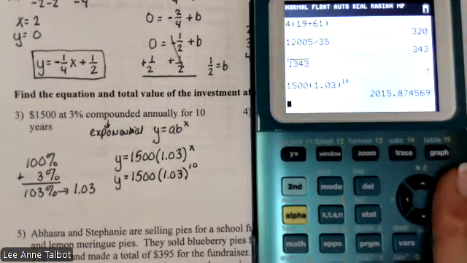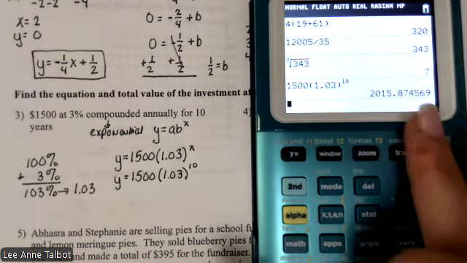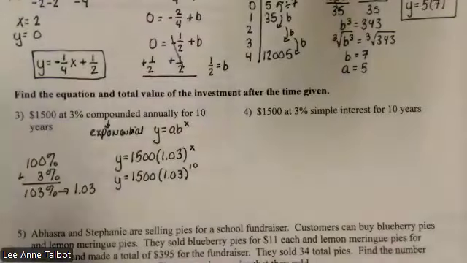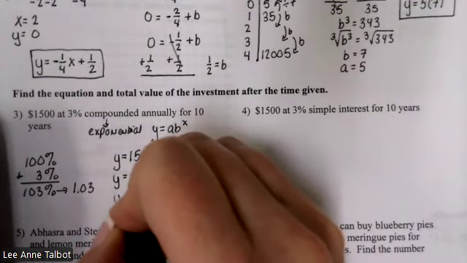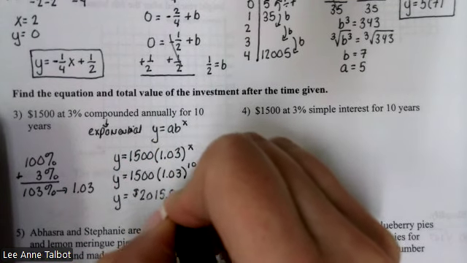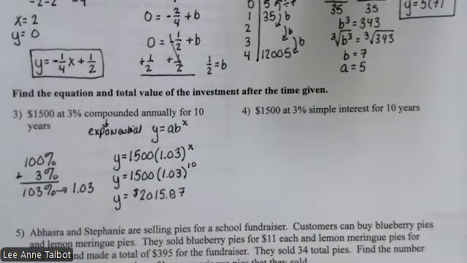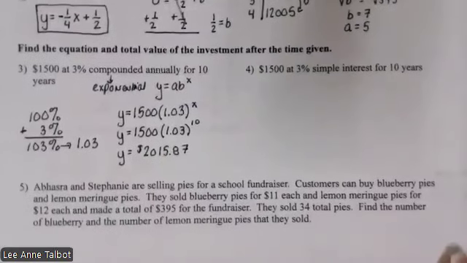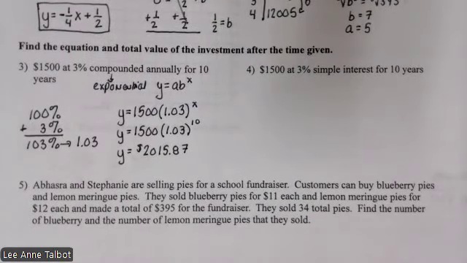What do I round to? 8, 7. And it's a 4, so we leave the 7. Okay.